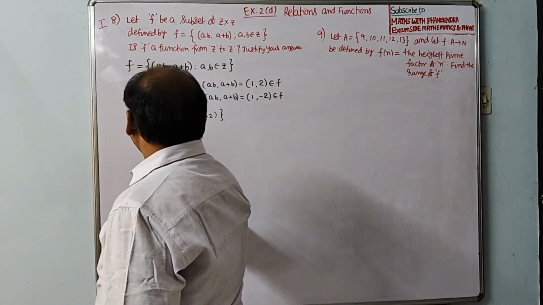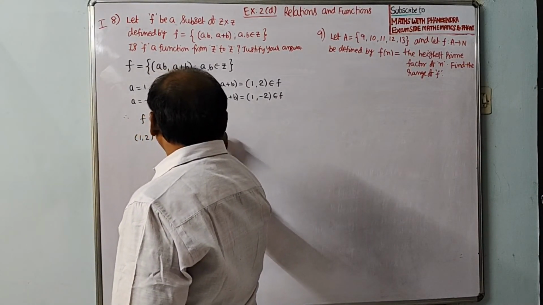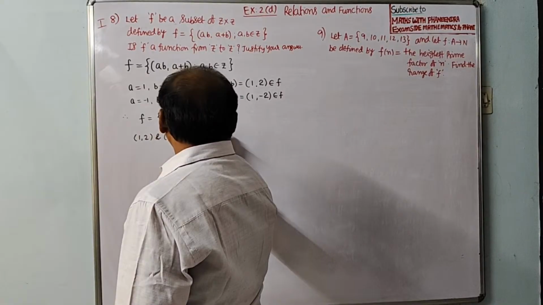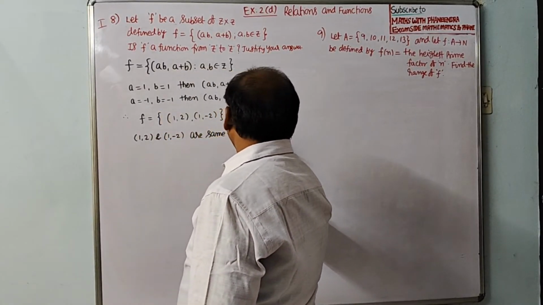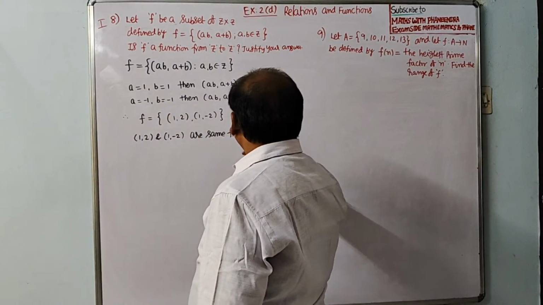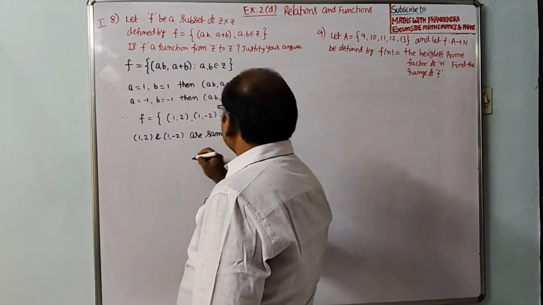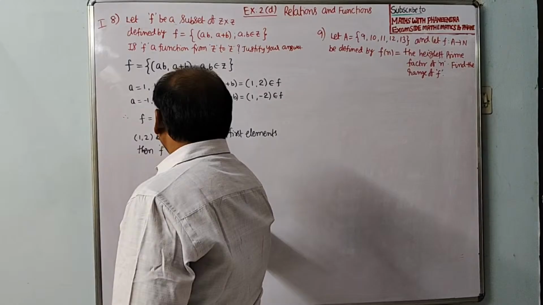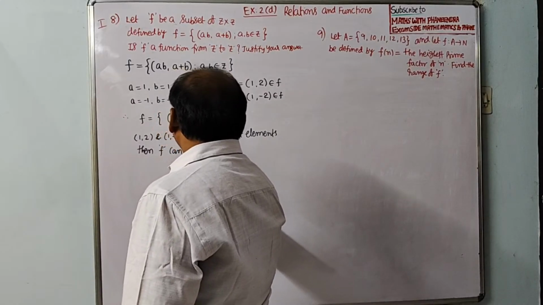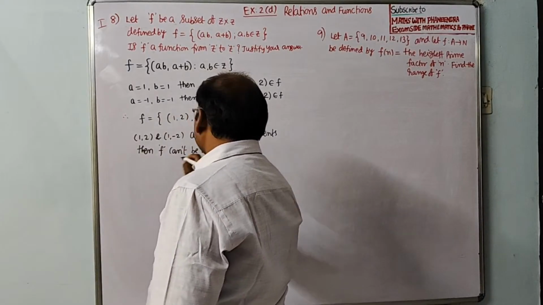(1, 2) and (1, minus 2) have the same first elements. Then F cannot be a function, dear students.